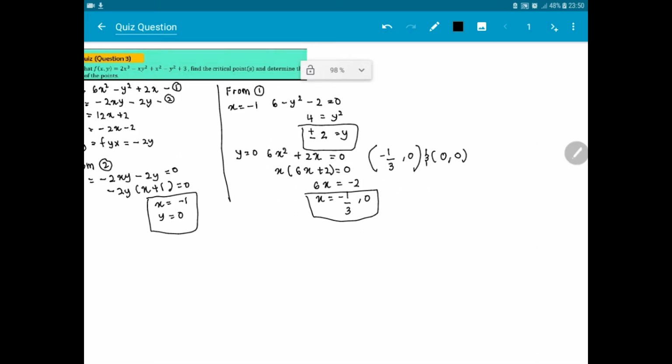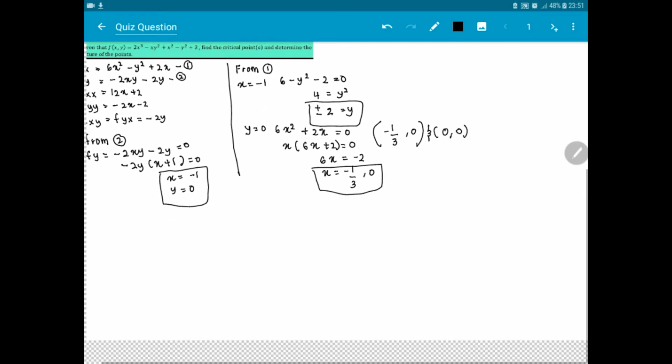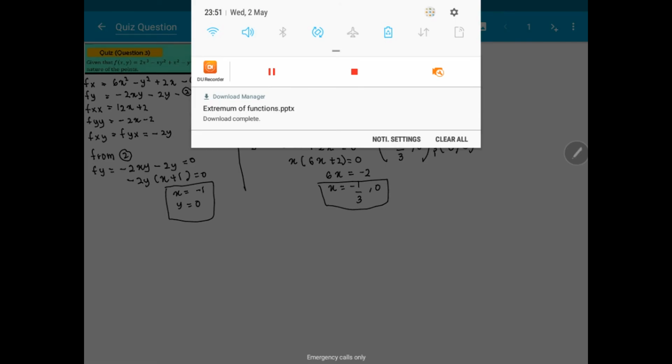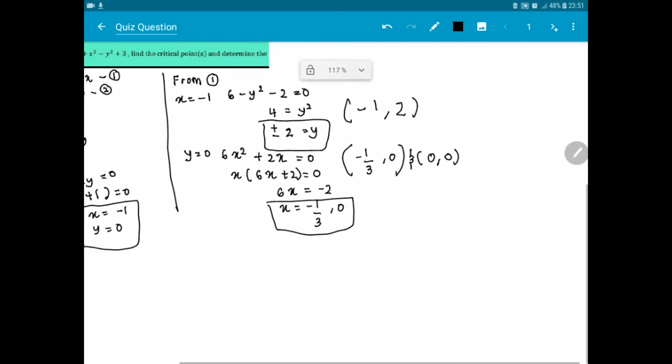Okay, then when x is equal to negative 1, we get the coordinates (negative 1, 2) and (negative 1, negative 2).